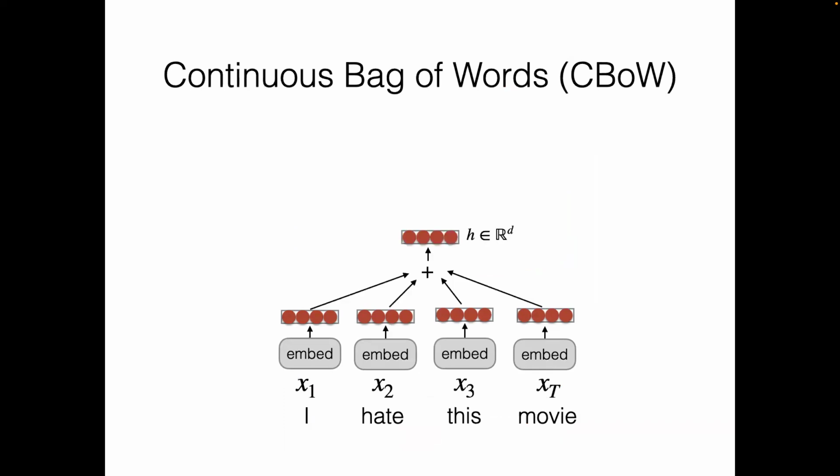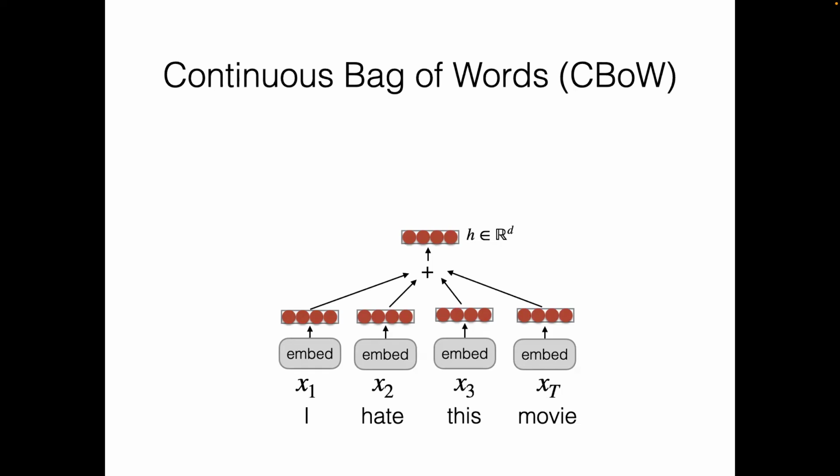But now we can already imagine making a better version of the bag of words called continuous bag of words, or potentially better. So here, for each given token, we look up in our embedding layer the vector for that token. And now we can just sum together these vectors, and we get this continuous representation or dense representation of the sentence.